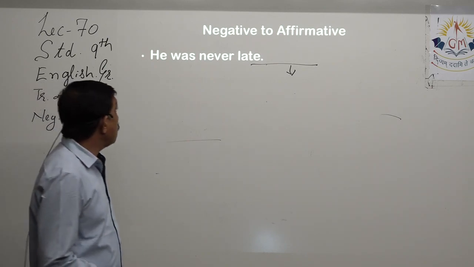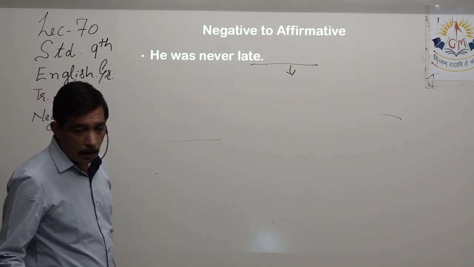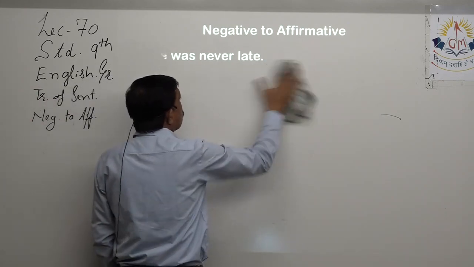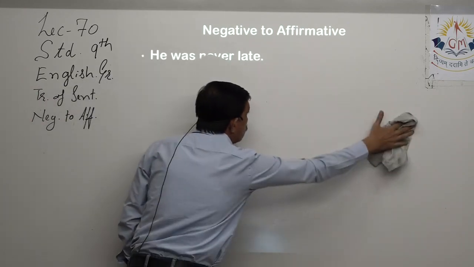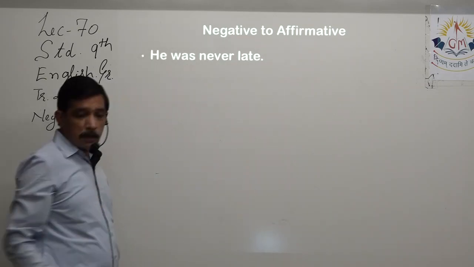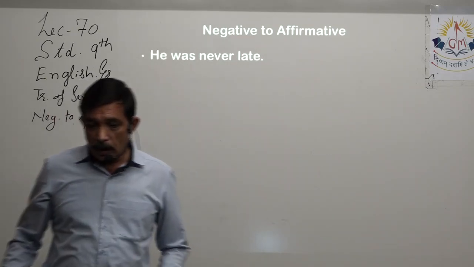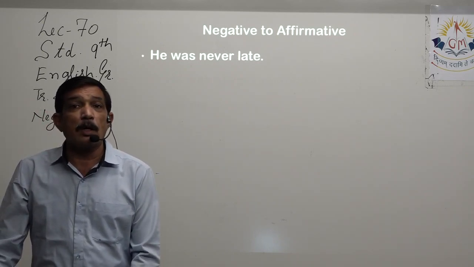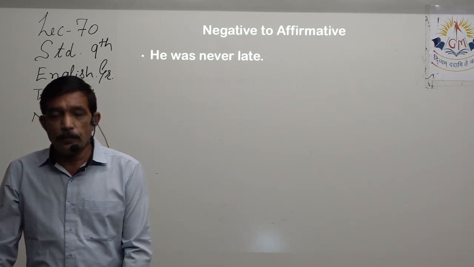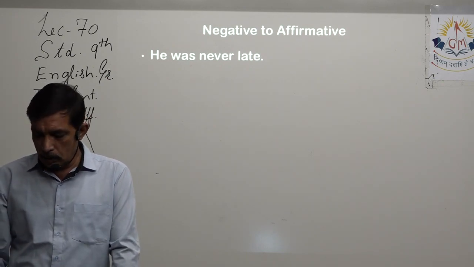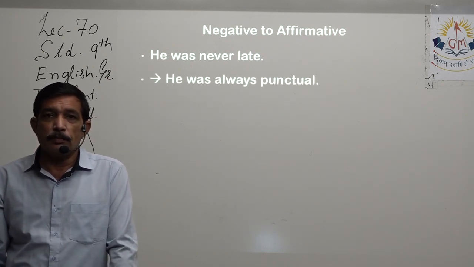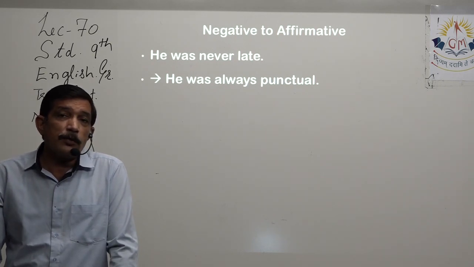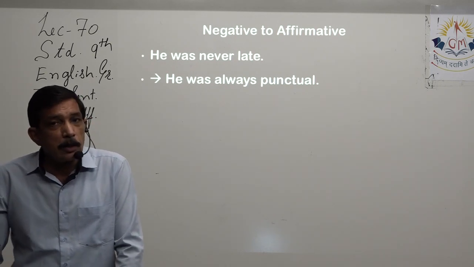He was never late. That's a very good thing. Now what to do about it? He was always late? Never means, what is the opposite of never? Ever, right? But ever is not going to work over here. The antonym of never is ever, but not at all places.